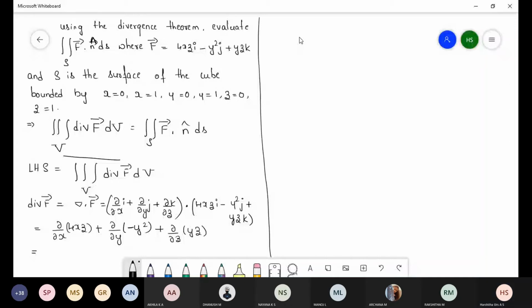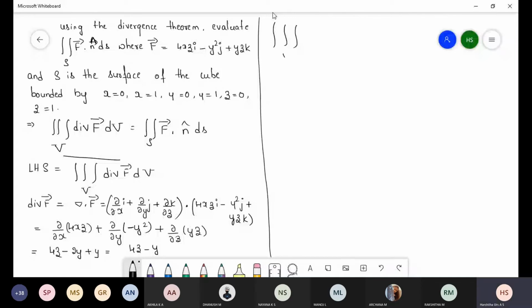Now define the limit. First limit here, x is equal to 0 to 1, y is equal to 0 to 1, z is equal to 0 to 1. Here (4z minus y) dz dy dx.